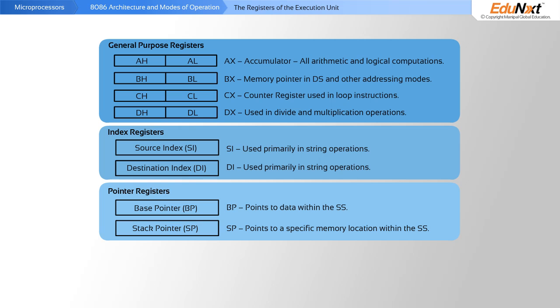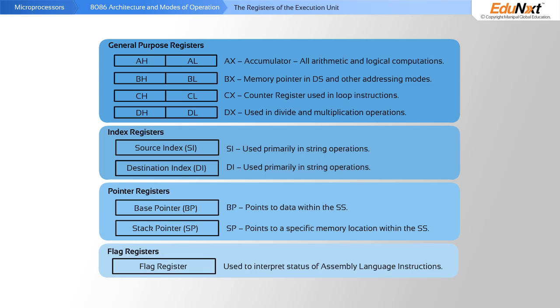The last register is called the flag register, and it is used by the processor to maintain and interpret the status of various assembly language instructions. The flag register is bit addressable, so each bit has a meaning. This is, in brief, the architecture of the 8086.